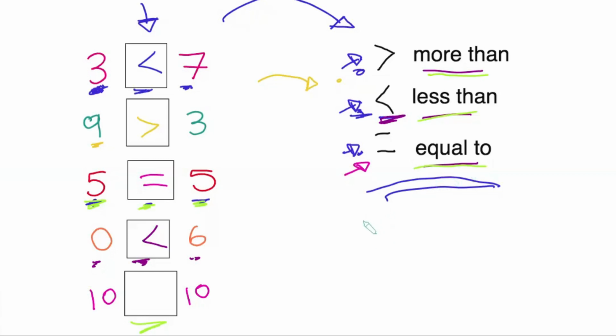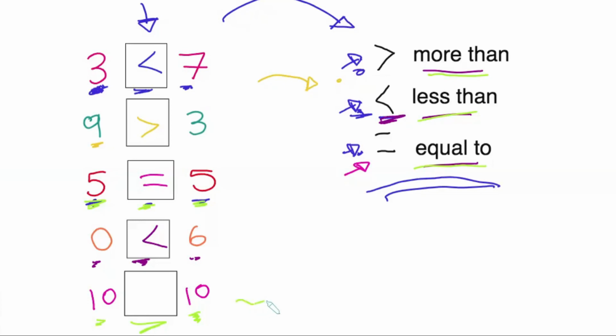What do you think? We know that 10 is the same quantity or amount or number. 10 is the same as 10. 10 is equal to 10. So which symbol do you think we're going to pop into our square?